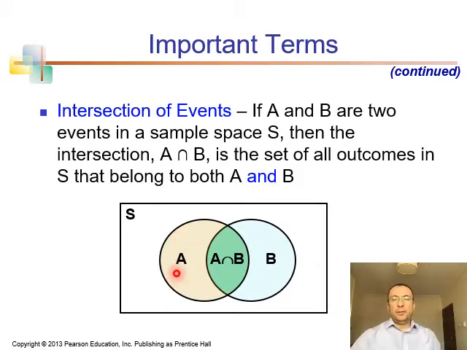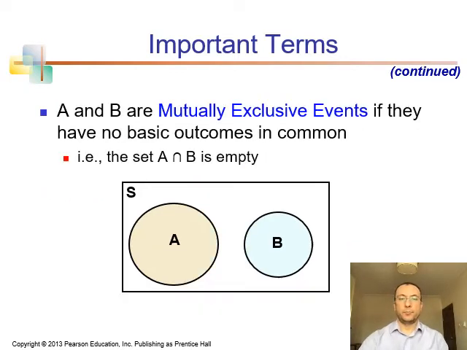So we know the intersection. What's A intersect B? So this is A here, and this is B here. A intersect B is the set of all outcomes in S that belong to both A and B. Now, two events are mutually exclusive.